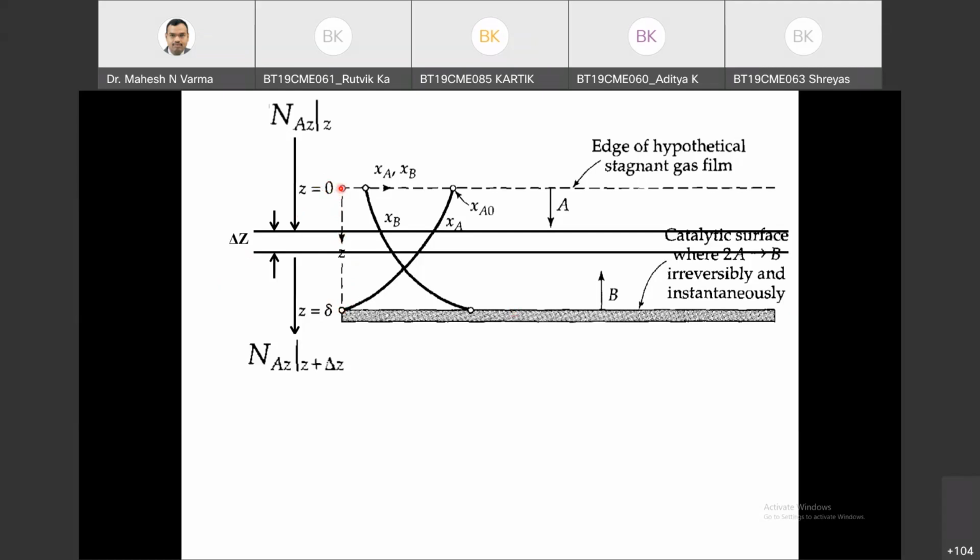But what will be the absolute value of the flux at this surface? Say I am getting, using one model equation, 20 moles per meter square per second here. Even if I use a Cartesian or cylindrical coordinate system, the flux will be 20 moles per meter square per second. The absolute value will not change. If I am calculating the average variation in concentration, that average value will not change. The magnitude and unit will remain the same; the equation may change.